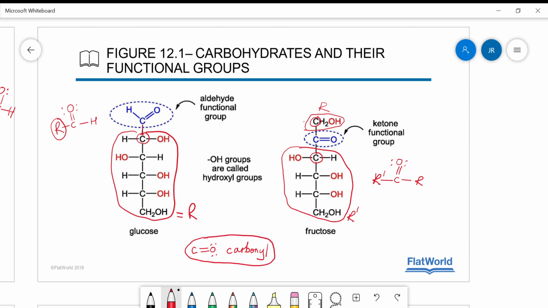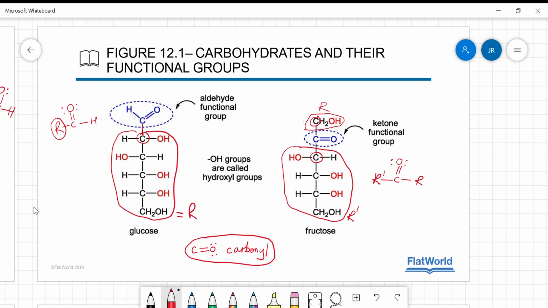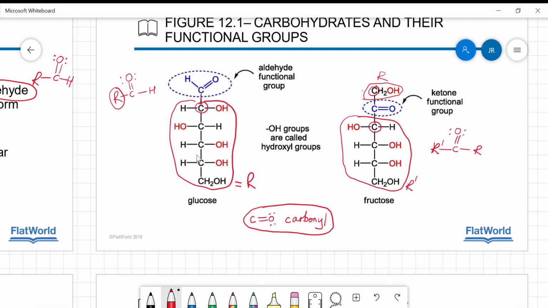So an aldehyde and a ketone, they both contain a carbonyl, sandwiched between an R and an H in the case of aldehyde, sandwiched between two carbons or two R's in the case of a ketone. Okay, there's not much more I want to say about that slide, so let's move on.